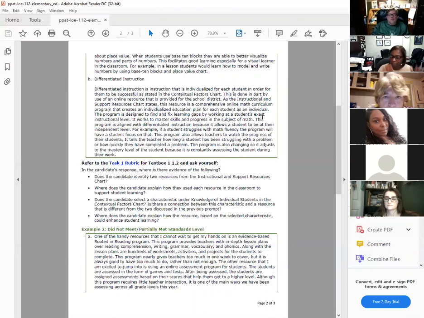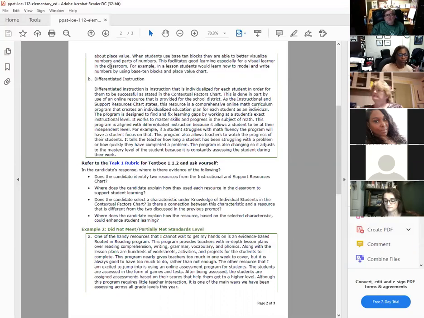Do you understand that we don't have the overall chart that they have, but we're just assuming that this is the information. So in the instructional support resources chart, there's an online math curriculum that is used.